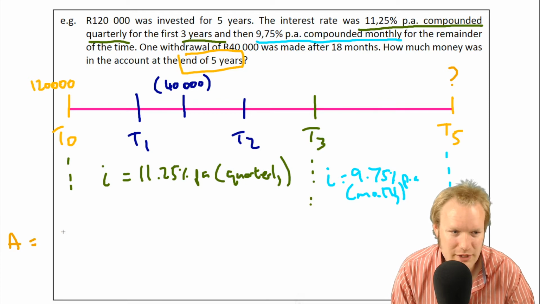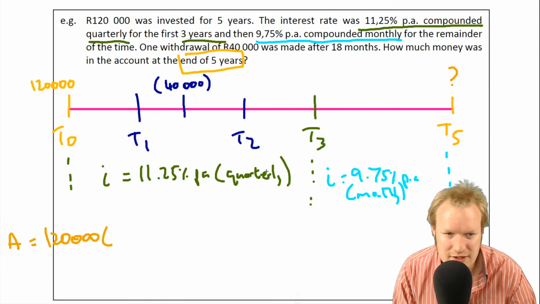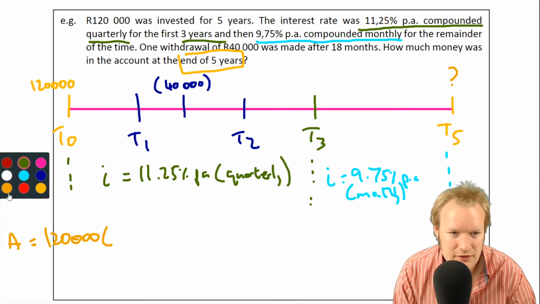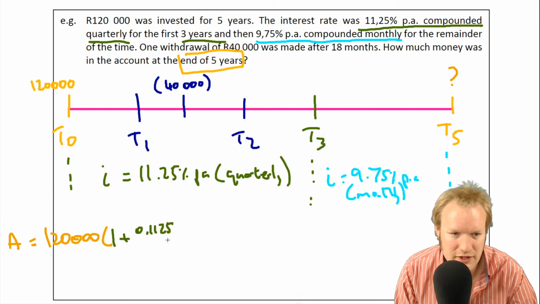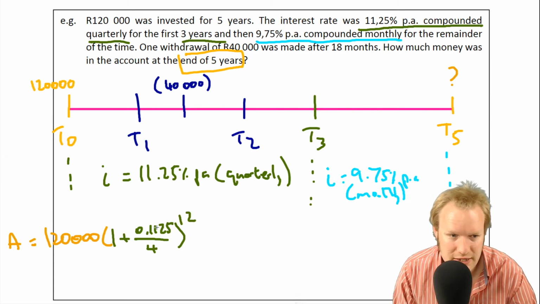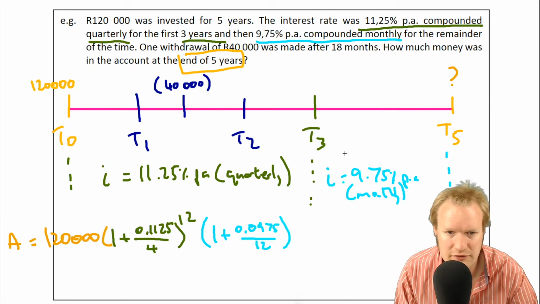Our accumulated amount, we're going to take that 120, and invest it here for this first bit, 1 plus 0.1125 over quarterly for 3 years, so 12. And then we're going to take that amount and invest it for 1 plus 0.0975 over 12 monthly for 2 years, 24 months.